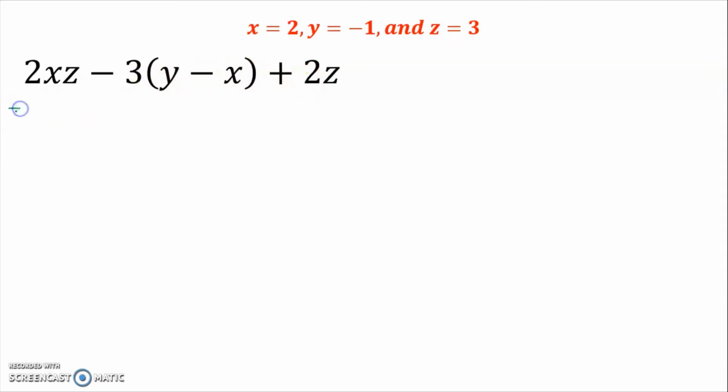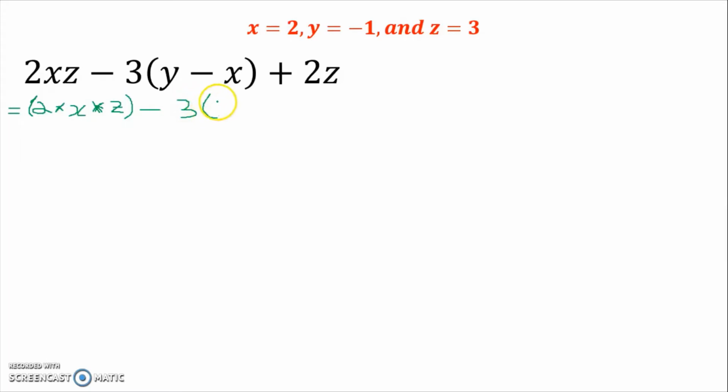Remember, the first step is to expand. 2xz is the same as 2 times x times z, and we put that in brackets.